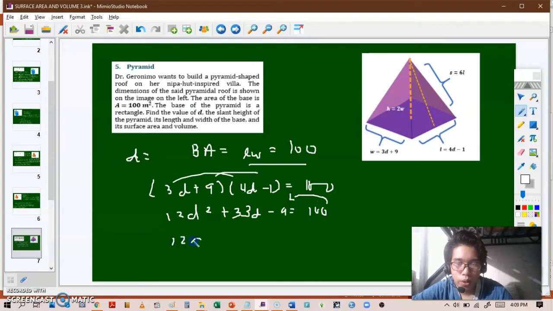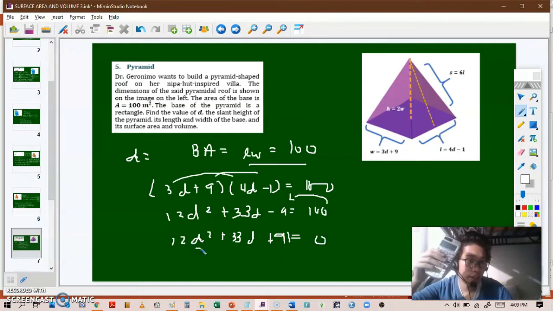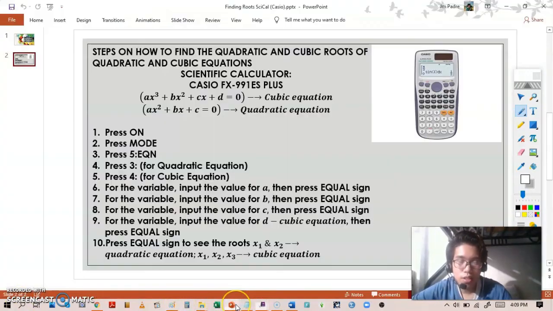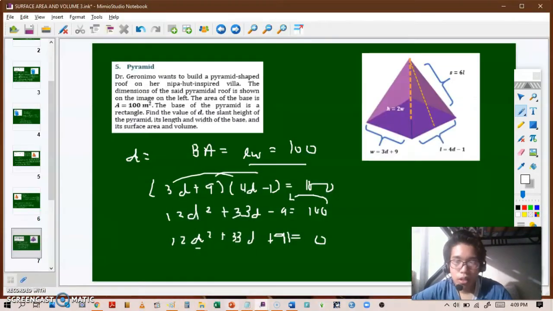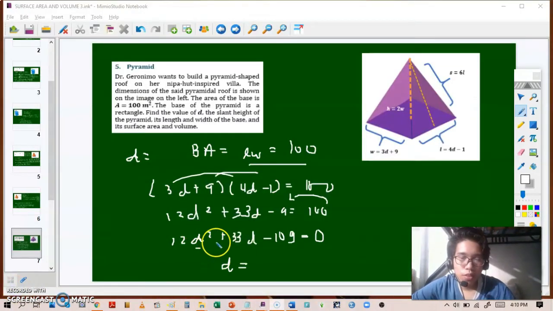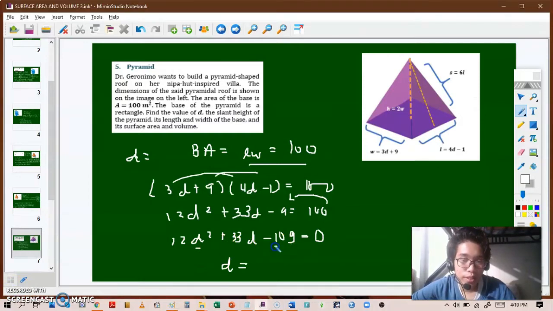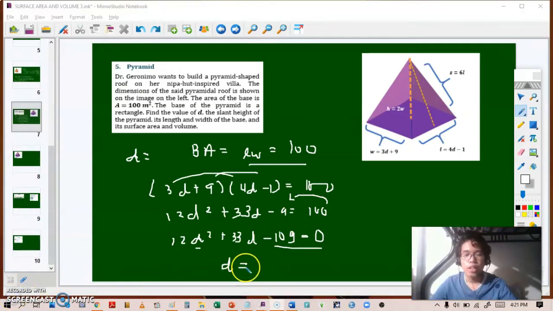So we have the formula 12d squared plus 33d minus 109 is equal to 0, since if we transfer 100, that will be negative 109.